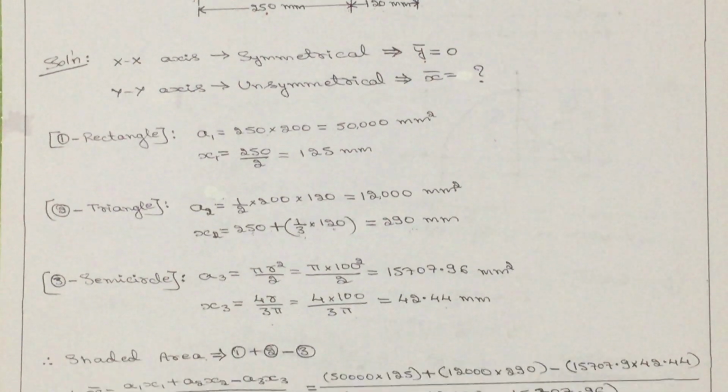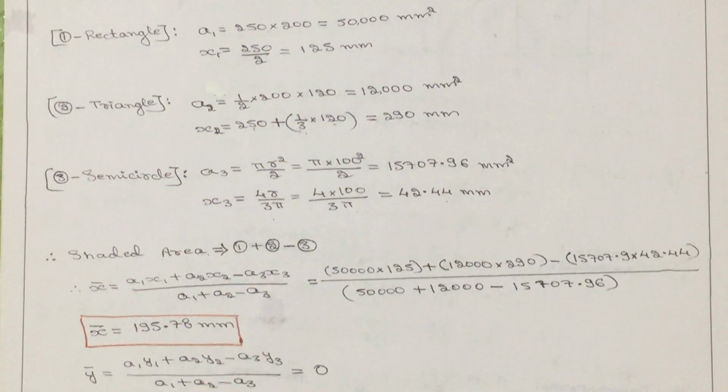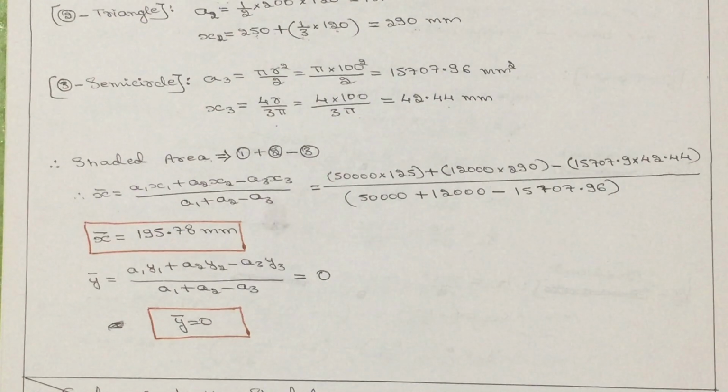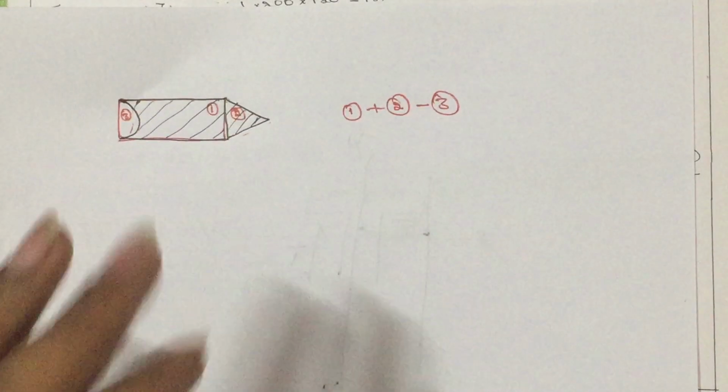Once you have calculated A x of all the individual figures, you can go with the equation. We need only the shaded area, and for the shaded area we already wrote the equation.